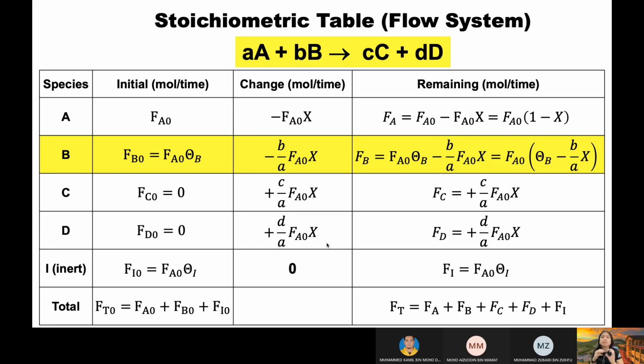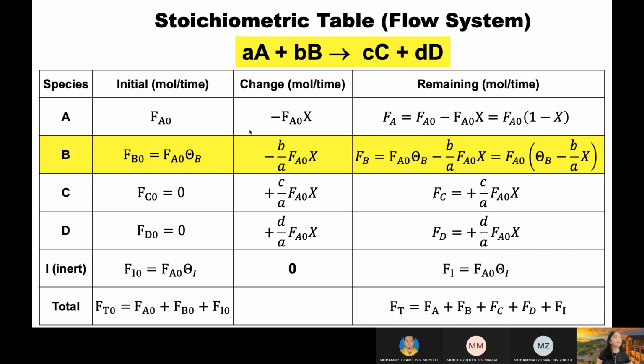Katakan contohnya N2 reaction dia nitrogen gas, hydrogen gas menghasilkan ammonia. Kalau untuk persamaan tu menjadi balance, it has to be N2 plus 3H2 to get 2NH3. So imbangan the stoichiometric coefficient tu have to be balanced. Then only you can do this calculation.